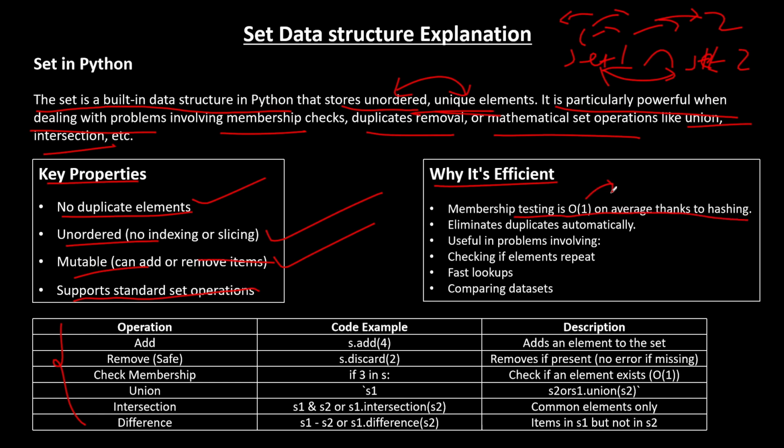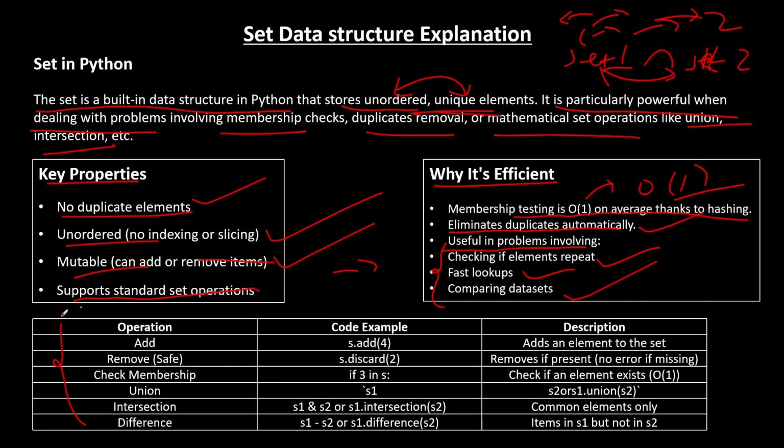It takes only O of 1 time on average to do any operation of a set. It eliminates duplicates automatically. It is useful in problems involving checking if elements repeat themselves, basically duplicate elements. Fast lookup of whether this element exists in the set or not, and comparing data sets.